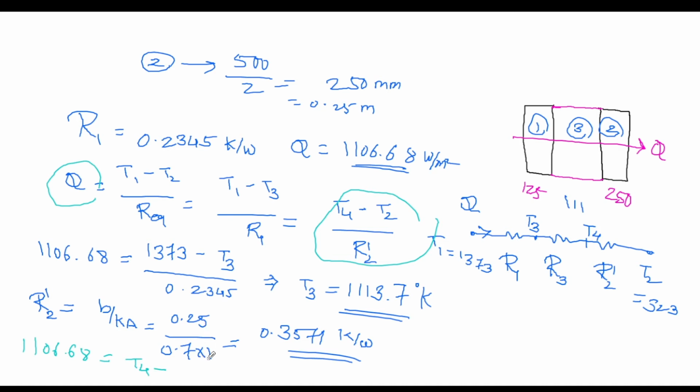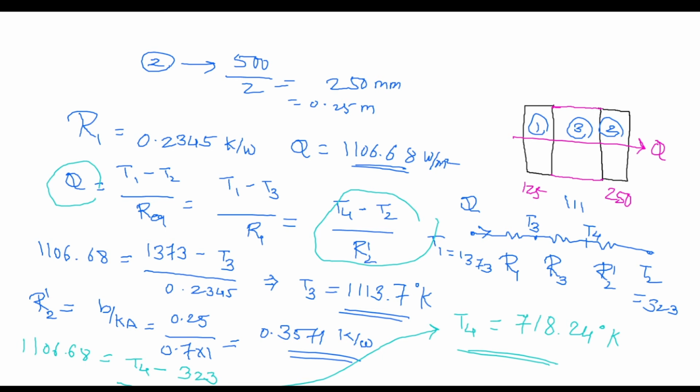The value of T2 is 323, divided by R2 dash, that is 0.3571. Once we calculate this, we will get T4 as 718.24 degree Kelvin.